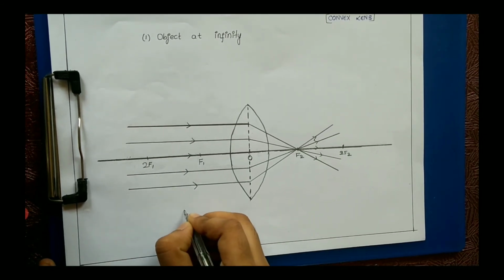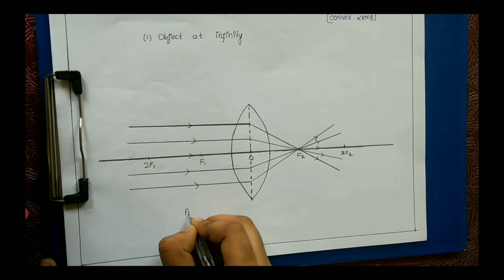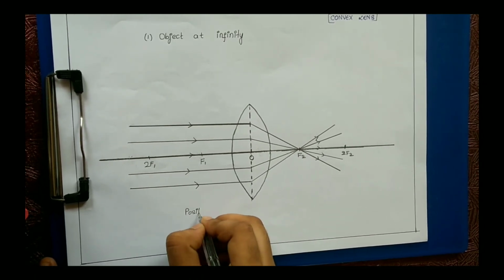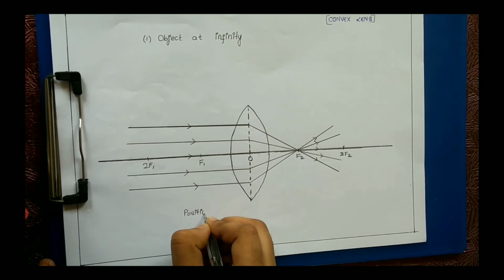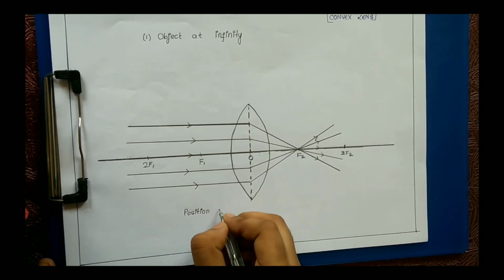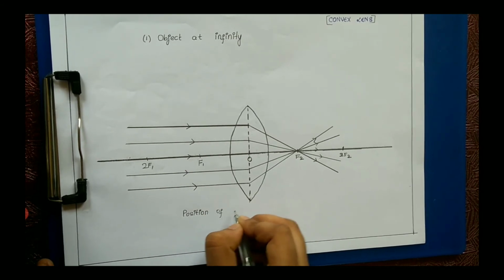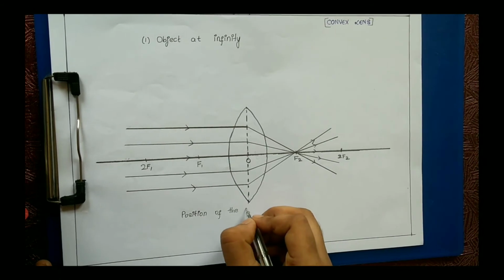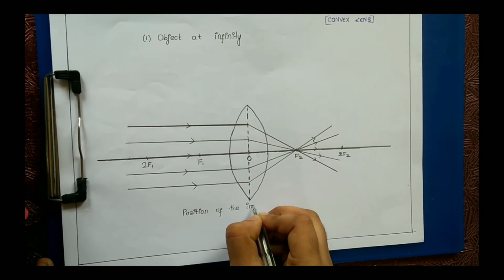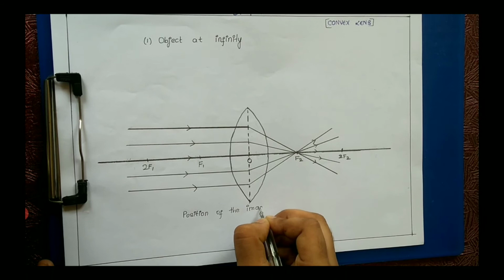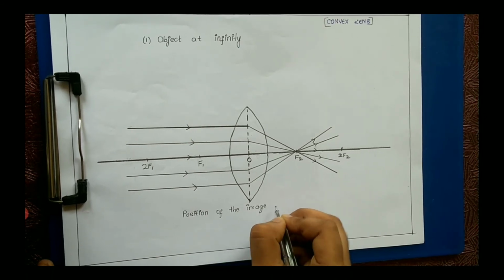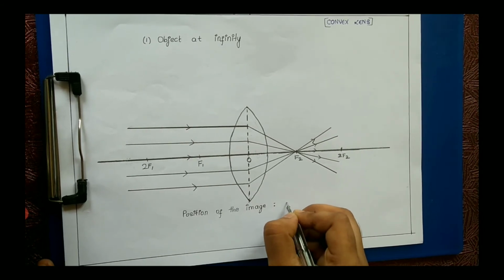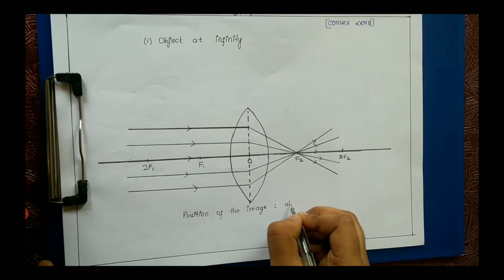So you write the position of the image. Position of the image is at F2.